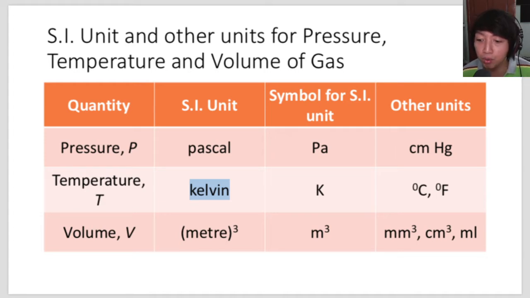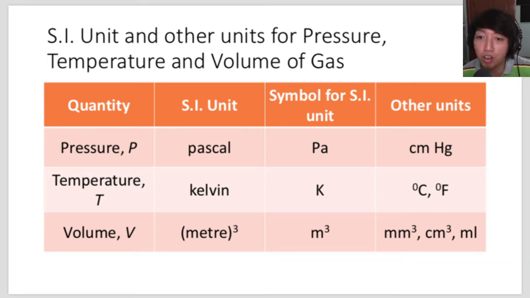Normally we are used to calculating temperature based on Celsius. But for gas, we usually use Kelvin. I'll explain to you why later on in this topic. So we usually measure using Kelvin, and the symbol for Kelvin is just the letter K. And volume, we use cubic meter.